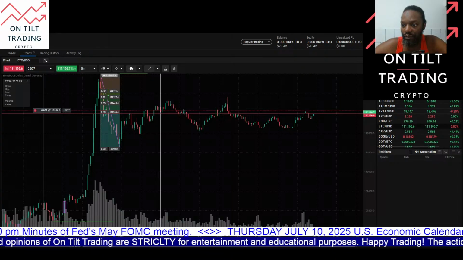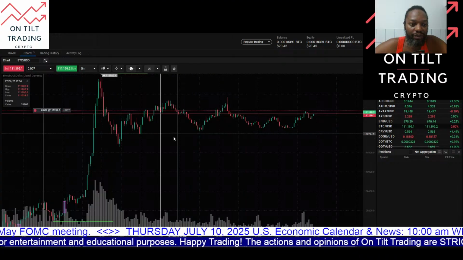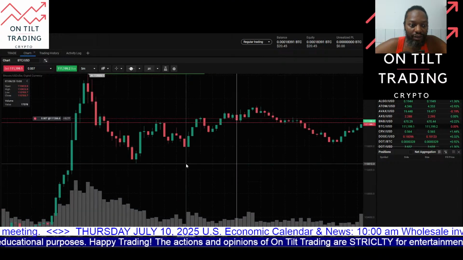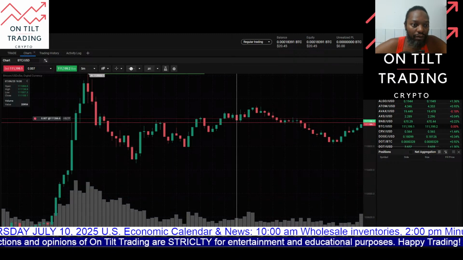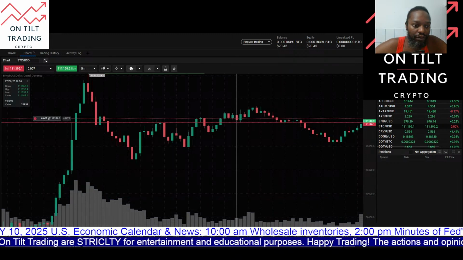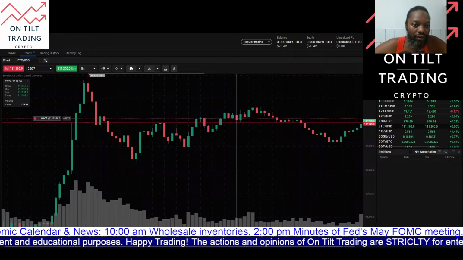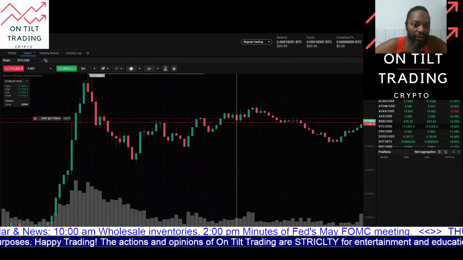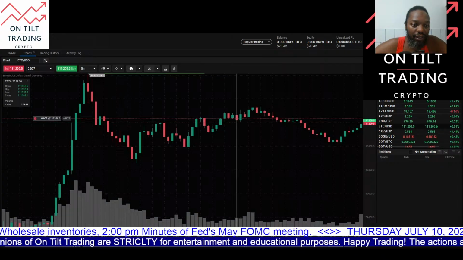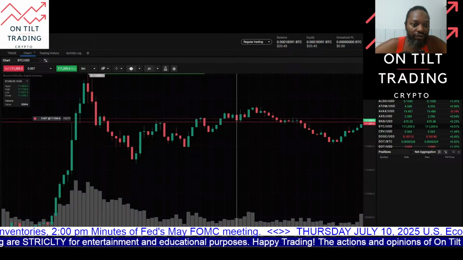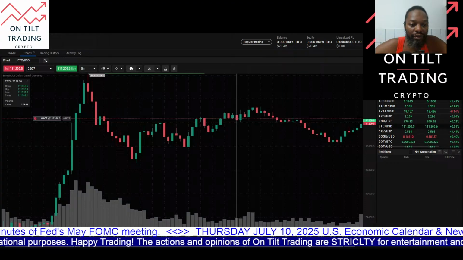If we take this Fibonacci retracement tool off, you'll see you get this swing low here, and then that swing low gets taken out here. So this would be a market structure shift right here, with this swing low being taken out.